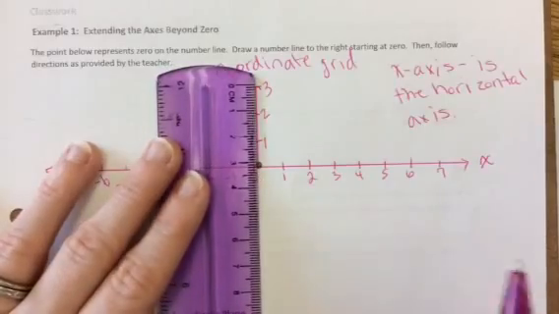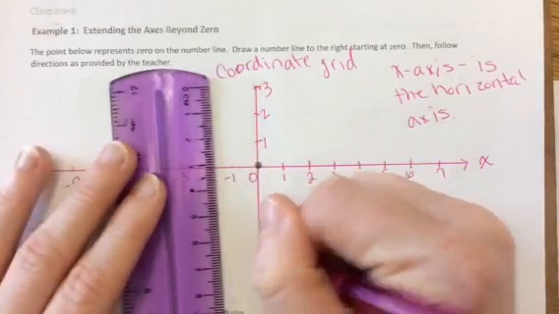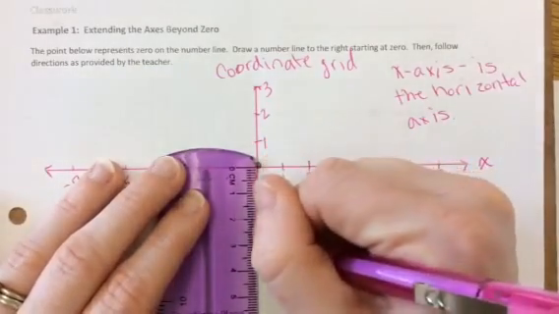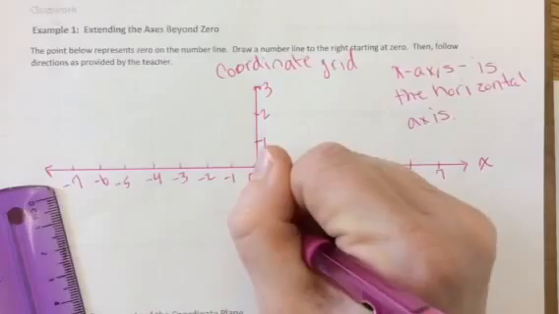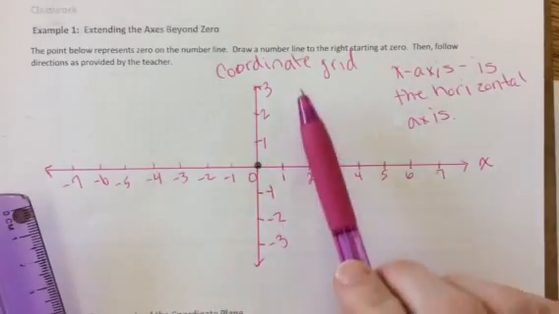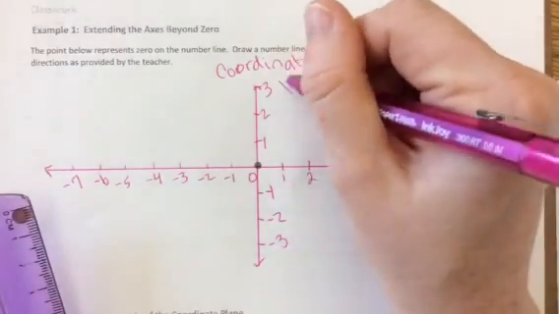Extend the y-axis below 0. What kind of numbers are always below 0? Negative. And -1, -2, -3. So this right here is called the coordinate grid. This is the x-axis, and this is the y-axis.